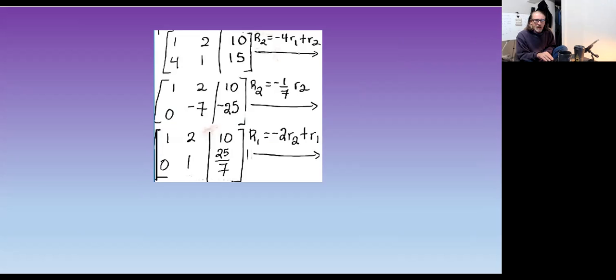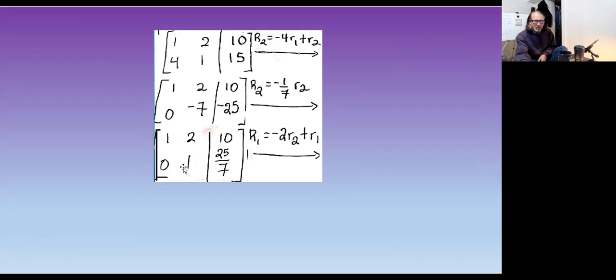And now if I get the rest of that column to be a unit column, we're going to have to multiply that 1 down here in the bottom right by a -2 to add to the 2 and get 0. So overall, I'll do that to the whole row. Multiply row 2 by -2 and add it to row 1. -2 times 0 is 0. 0 plus 1 is 1. So I'll still have 1 there.